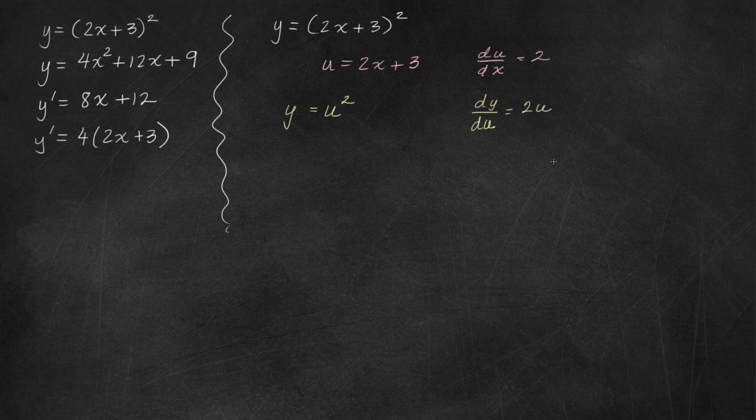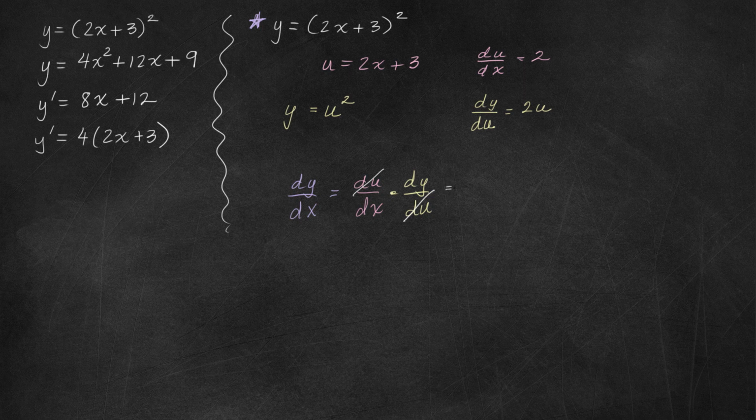But what I'm really interested in finding, the derivative that I want, is dy dx, the derivative of y with respect to x. So I need dy dx, and what I've got is du dx and dy du. But if we take du dx and multiply it by dy du, notice that the du's cancel out.